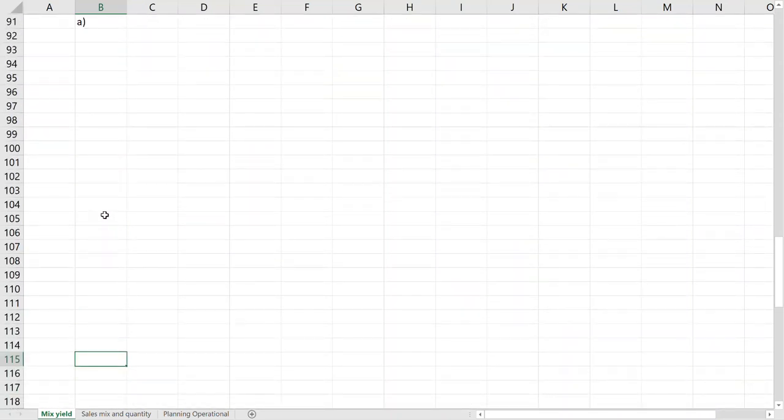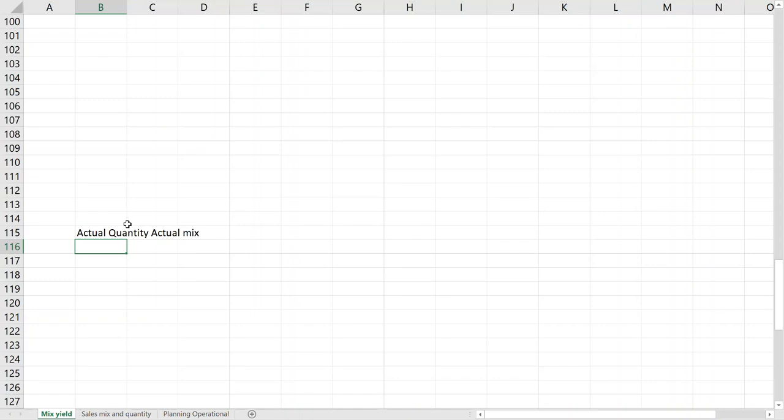I'm leaving a space here because there's a reason. We have actual quantity, actual mix. What it basically means, how much did we actually use of material? Yeah, it will be given in the question. So we have lye.